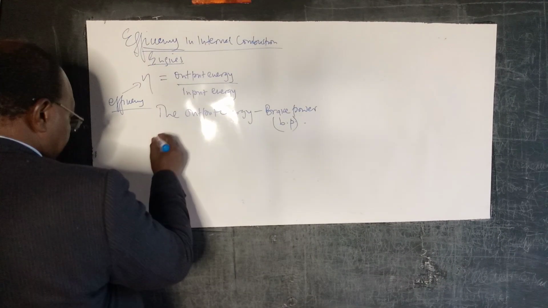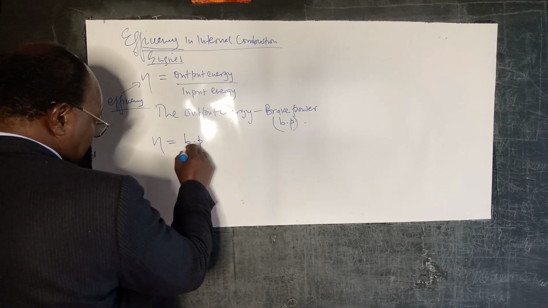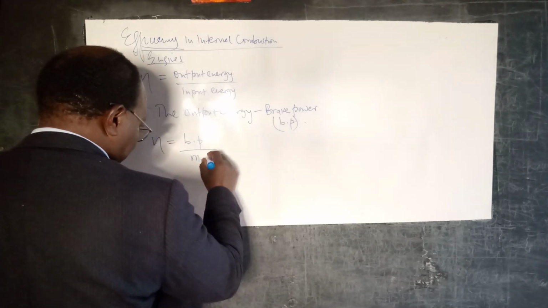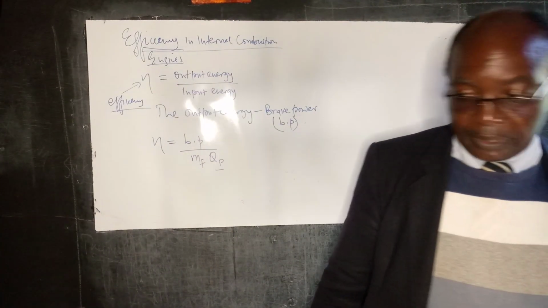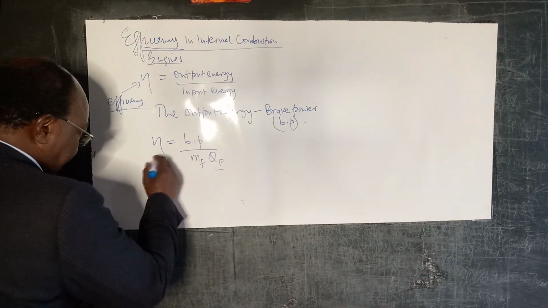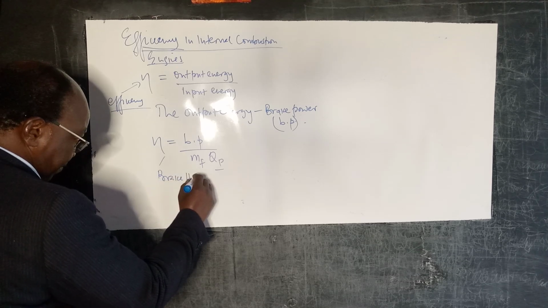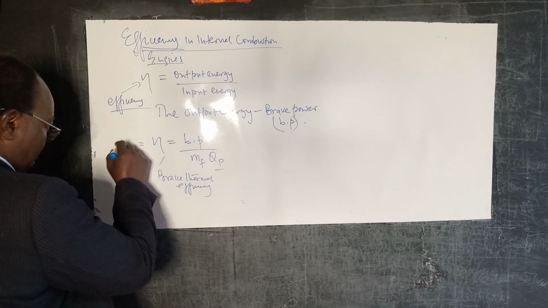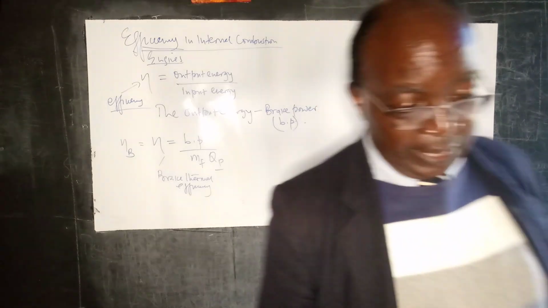The efficiency eta can be written as brake power over the mass flow rate times the calorific value, or Q at constant pressure. This is our efficiency, and we now call it brake thermal efficiency. Let's call it eta B. That's the brake thermal efficiency.